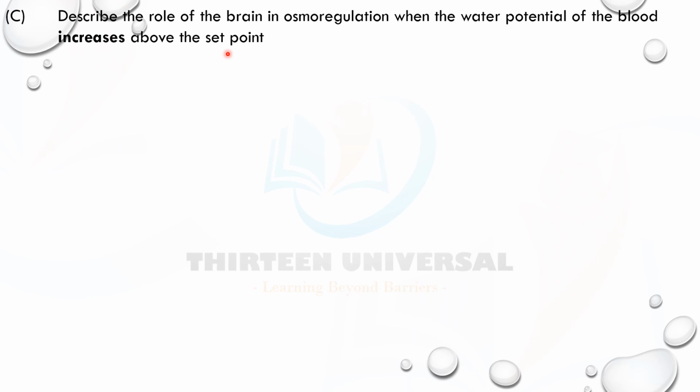They then send fewer impulses to the posterior pituitary gland to reduce the secretion of ADH into the blood. The posterior pituitary gland actually secretes ADH into the blood. So once the blood water potential is above the set point, less ADH needs to be produced.